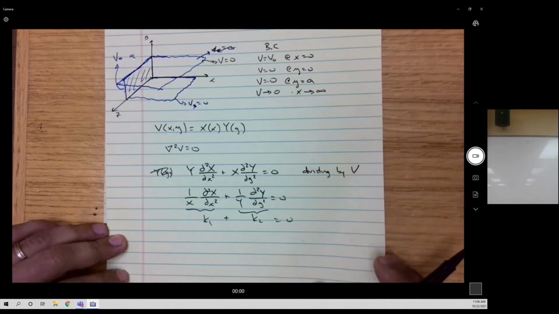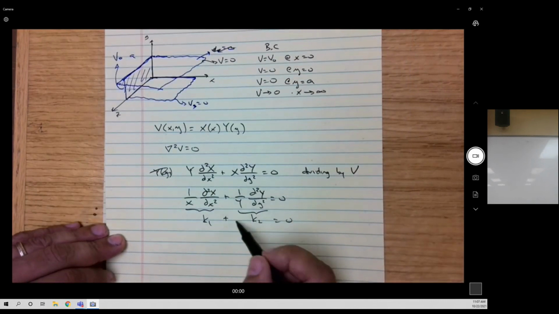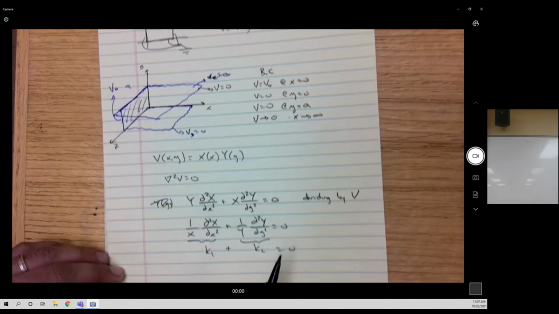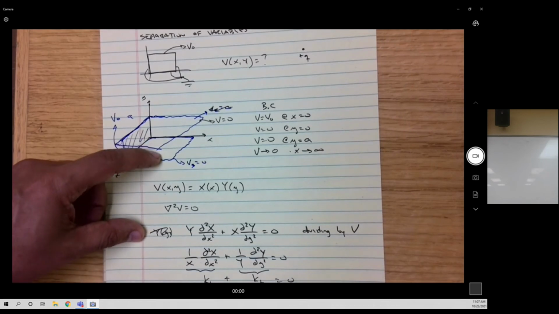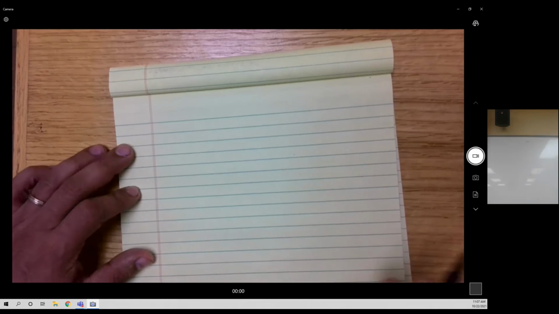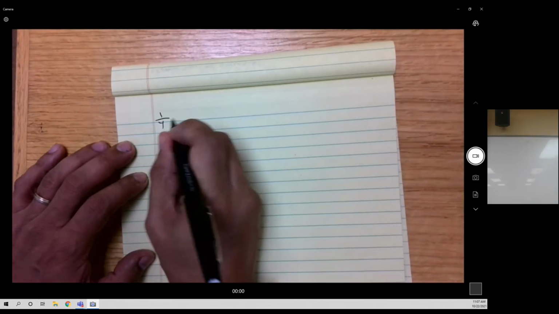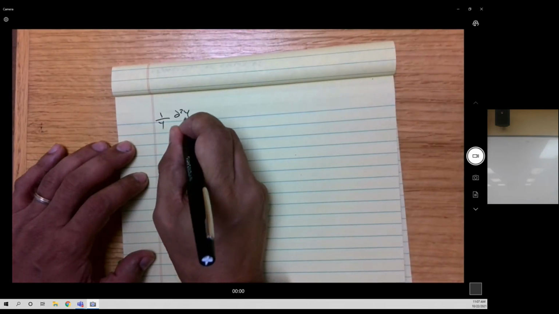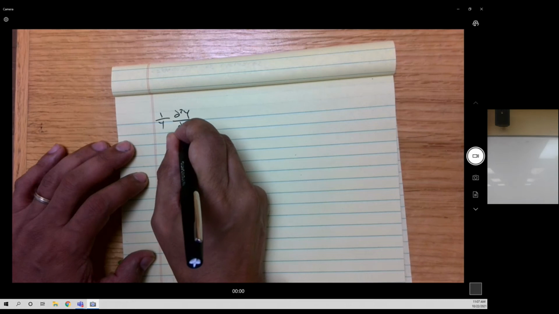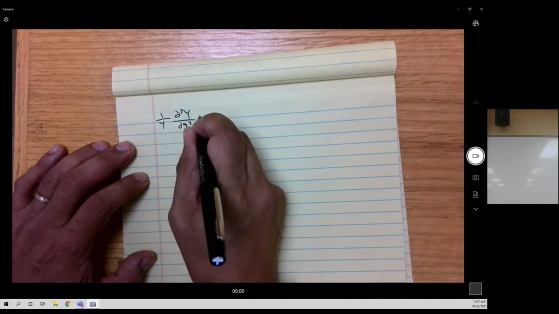Okay. So I'm going to start working with the y direction just because I have these two boundary conditions here. So I'm going to have Y double prime of y equals K1.